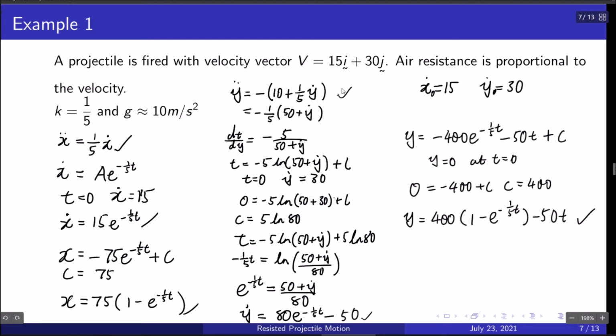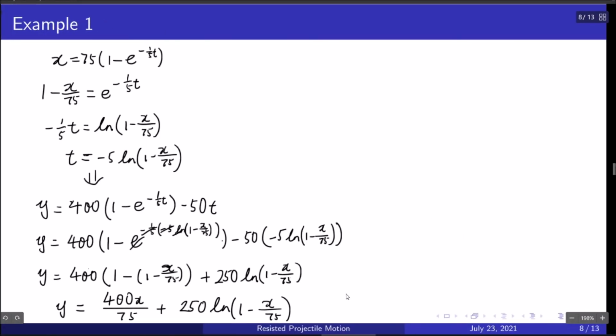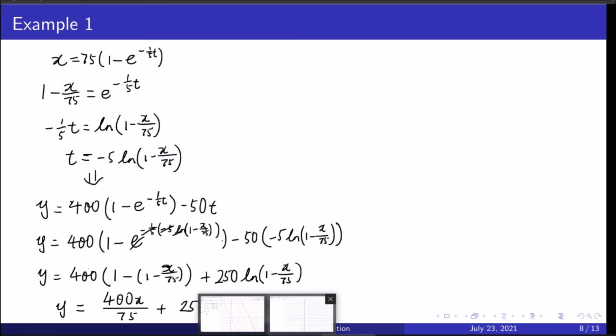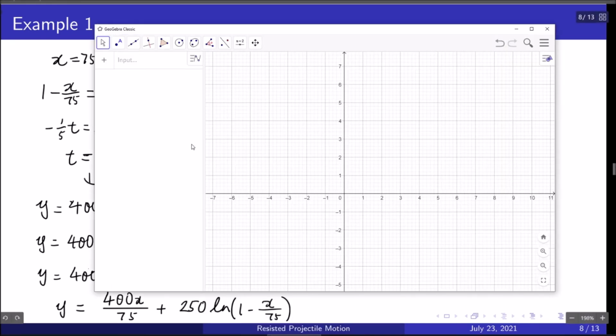Similarly, we solve the differential equation of the acceleration to get our velocity, and then we integrate velocity again to get our displacement, and then we combine the two into a Cartesian equation, and if you plot this, you will actually end up with the trajectory of the object. So let's do that.